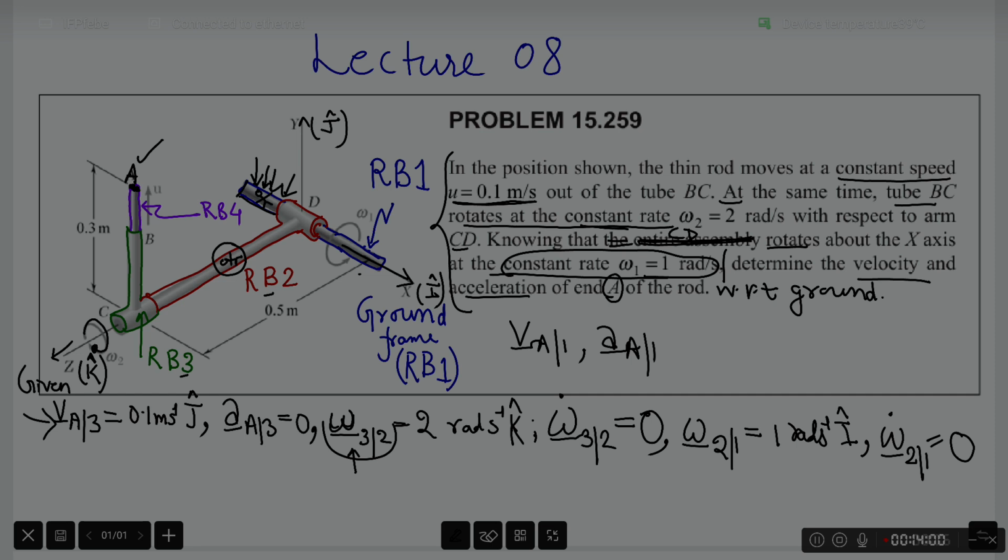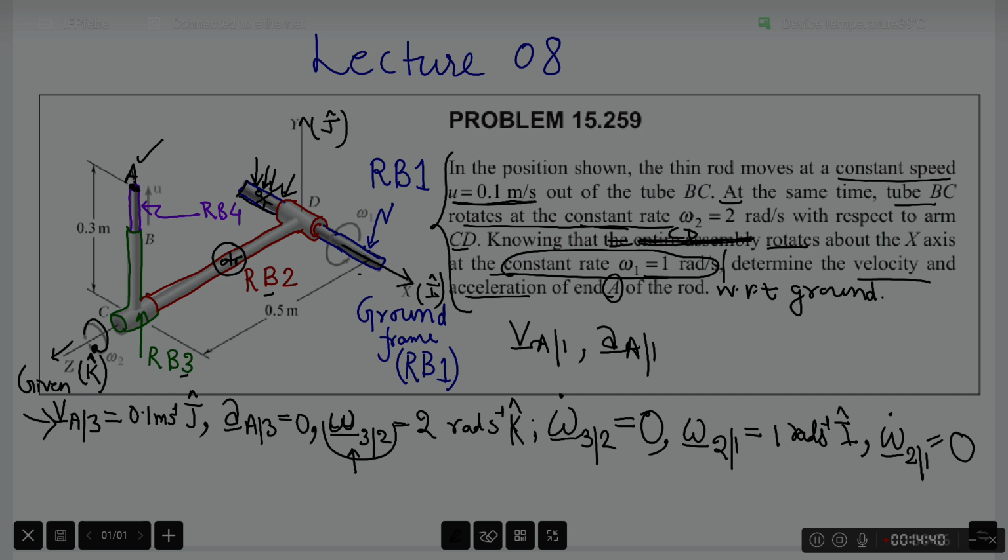And this is where the two relationships that we derived in the previous class are going to be helpful. What are those relationships? The first relationship is the velocity transfer relationship, and the other relationship is the acceleration transfer relationship. I would like to remind ourselves that both these relationships invoke the concept of an intermediate frame and an intermediate point.